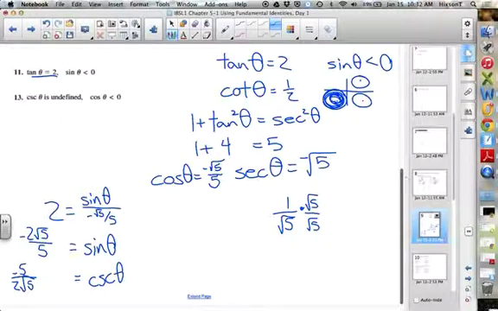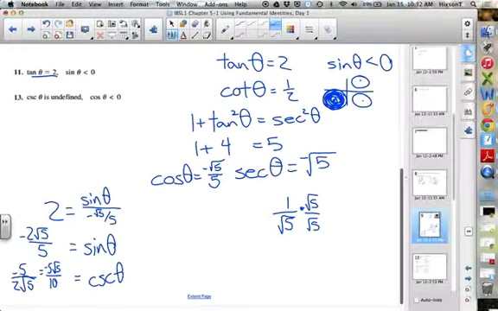Secant is negative because we determined we were in the third quadrant, and secant is the reciprocal of cosine, and cosine is negative in the third quadrant. So if that's negative, then secant has to be negative. You'd make it negative 5 root 5 over 2 times 5 or 10.